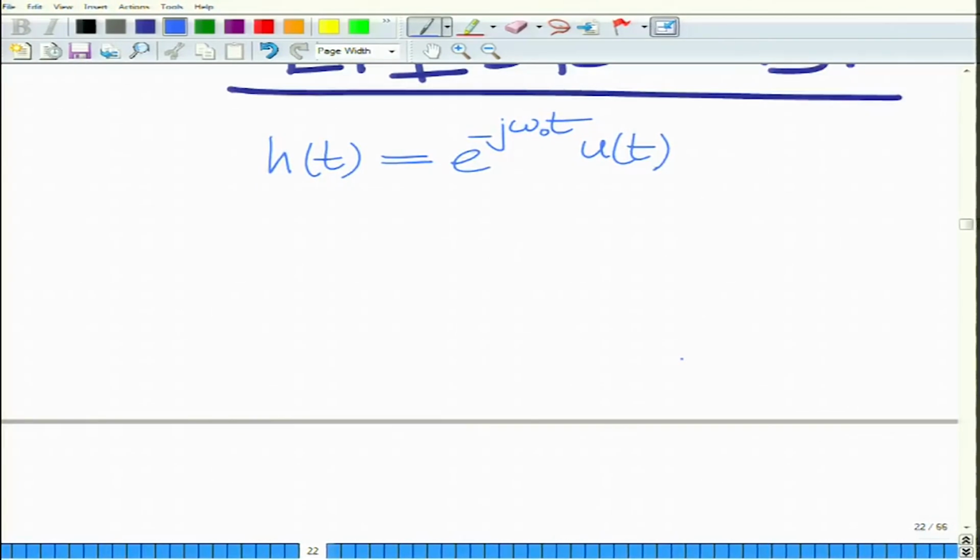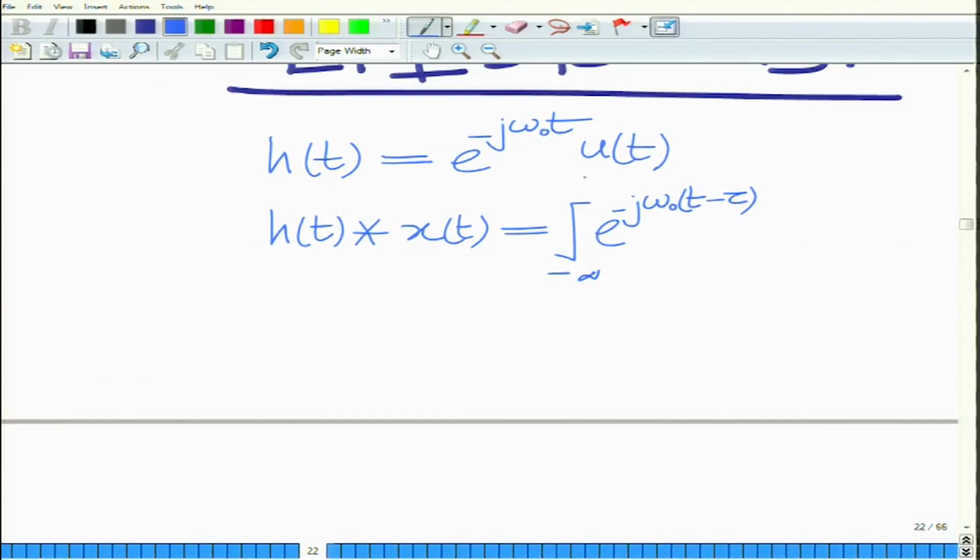Now, to find the eigenvalue corresponding to e raised to s t, we note that this can also be written as the impulse response h(t) convolved with x(t), that is e raised to minus j omega naught (t minus tau) d tau x(t) d tau.